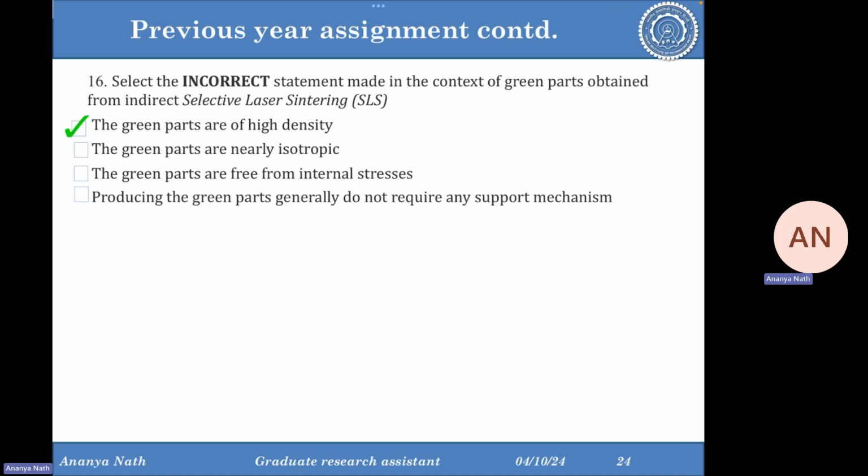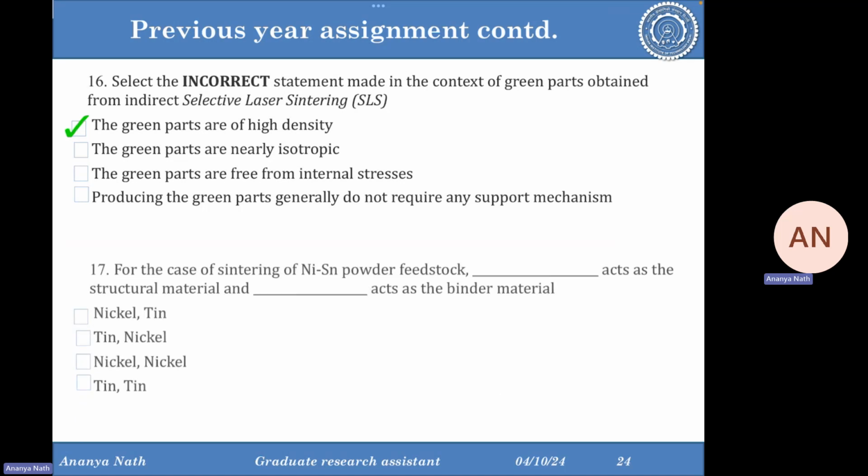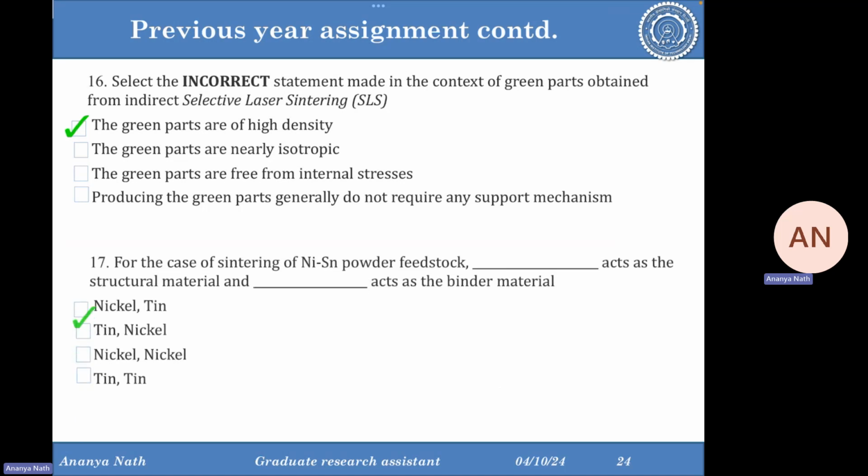Green parts are often of low density, so these are nearly isotropic. These are free from internal stresses because you are going for sintering, so there is no point of residual stress at all.